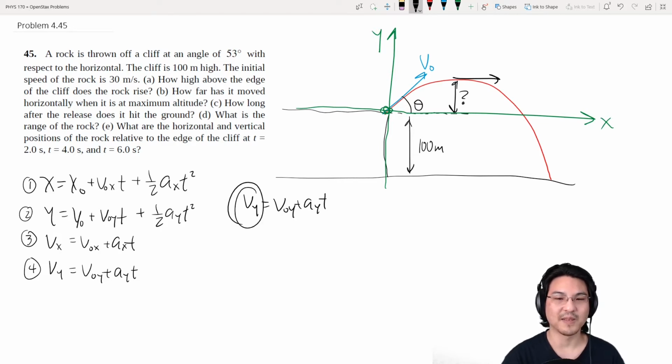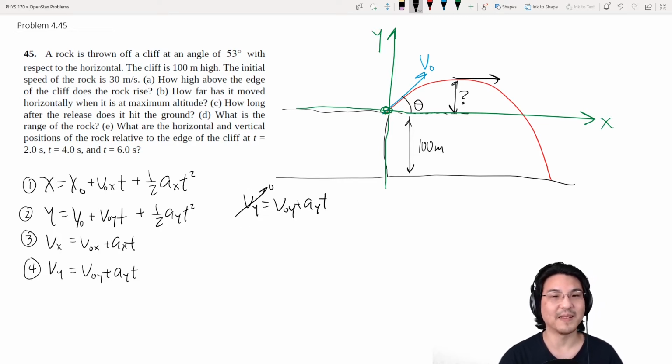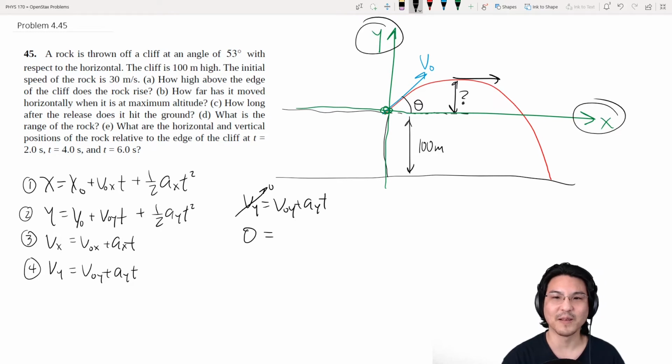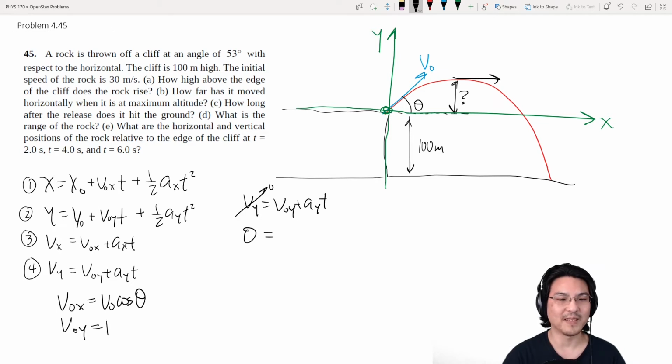So this is 0 at the maximum height. And then let me fill in the rest. Because I picked this as x and this as y, v naught x is v naught cosine theta. V naught y is v naught sine theta. And gravity is this way, right?